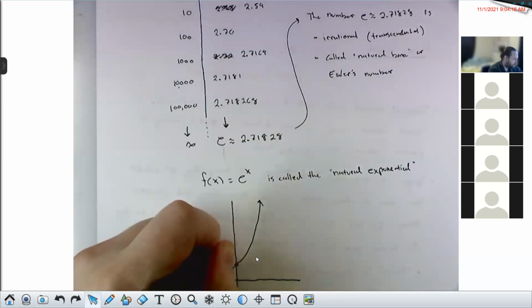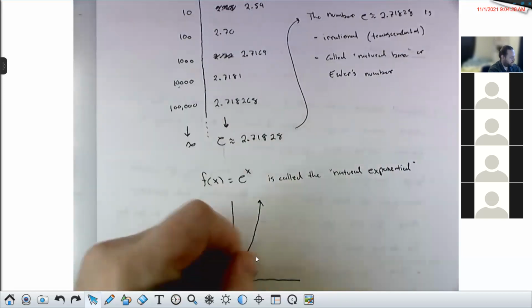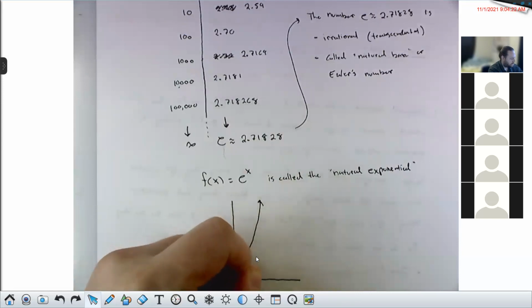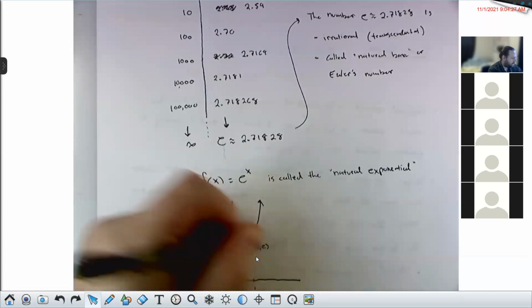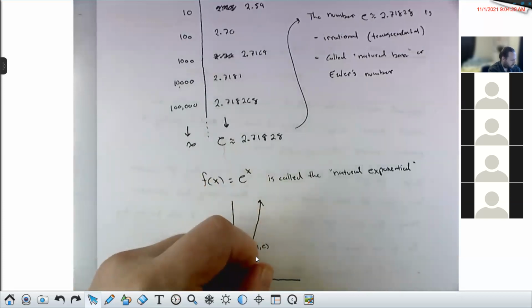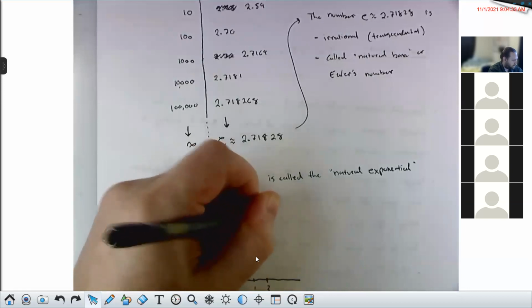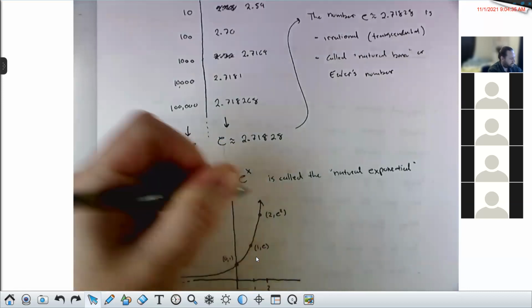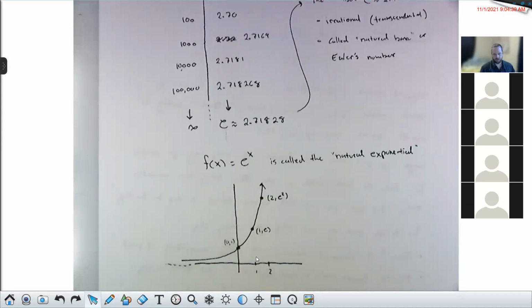You have here the point 0, 1. You have here the point 1, e. You have up here the point 2, e squared. And I think e is pretty close to 3, so e squared should be pretty close to 9. That's about the logic you need to apply.